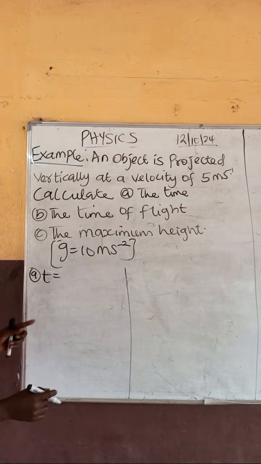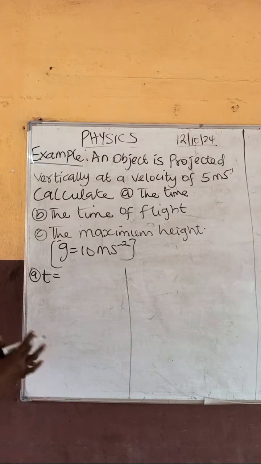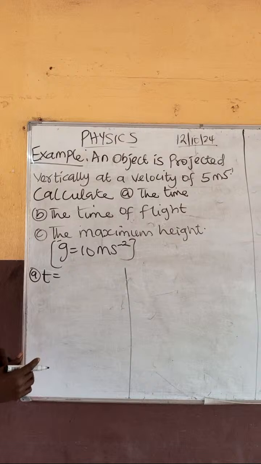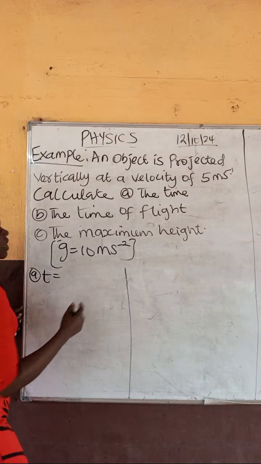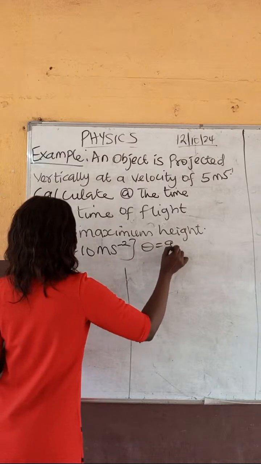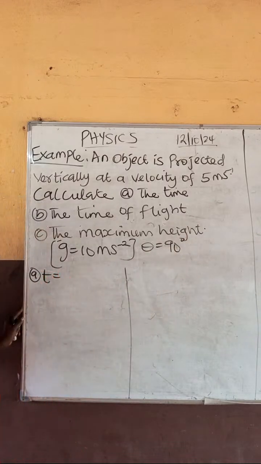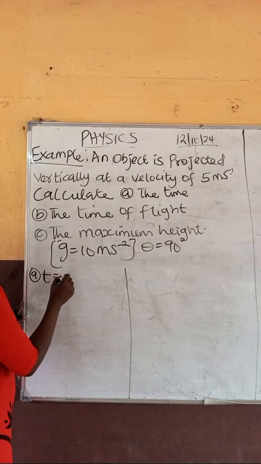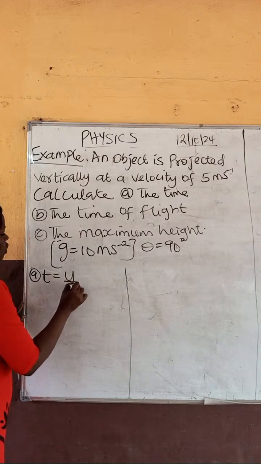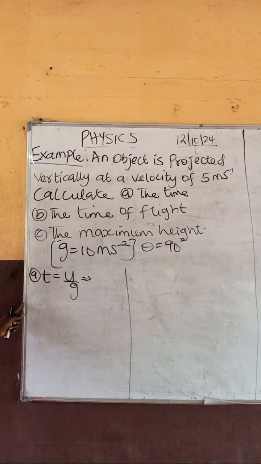And because they say that the object is projected vertically, it means that the angle of projection, theta, is equal to 90. So we don't need to put the value of theta again. So I'm going to have u over g, right?